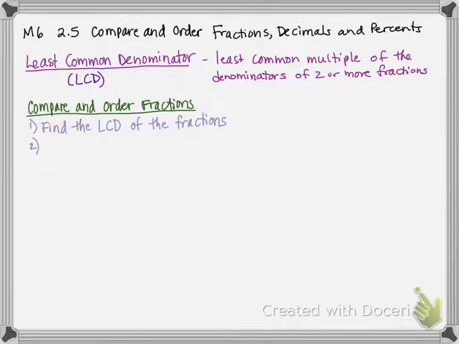So to do that, that's called creating equivalent fractions. So, why did I write in purple there? That's funny. Let's try that again. 2. We're going to write the equivalent fraction.